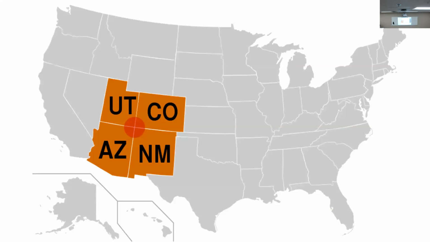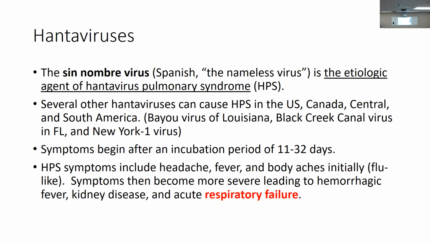There's our Four Corners. So if you're not familiar where that is, Utah, Colorado, Arizona, New Mexico. In that area. Sin Nombre virus, Spanish meaning nameless virus. It is the etiological agent of Hantavirus pulmonary syndrome. So this is what's known as HPS.